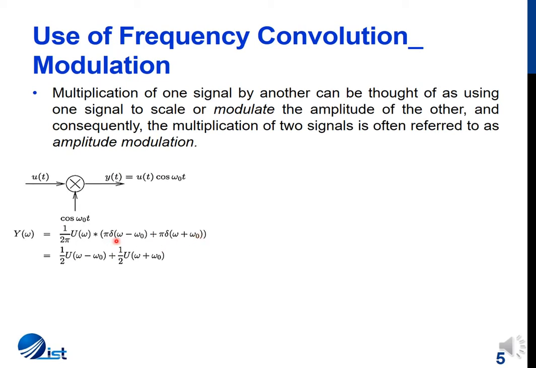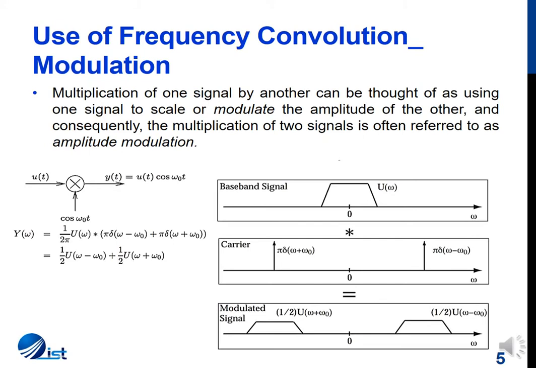This is an impulse which occurs at frequency omega equal to omega naught, and this impulse occurs at frequency omega equal to minus omega naught. So as a result, when both of these two functions get convolved, we remember that convolution by an impulse implies that your function appears at the instant of the impulse. So you have half U of omega minus omega naught plus half U of omega plus omega naught.